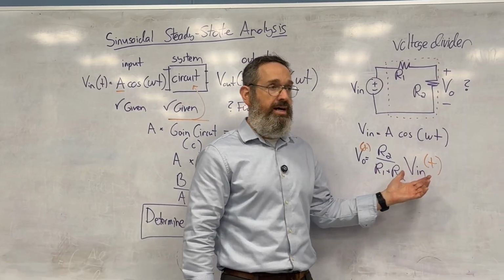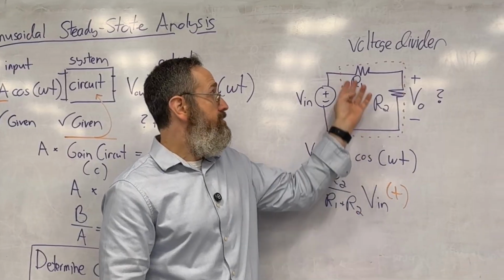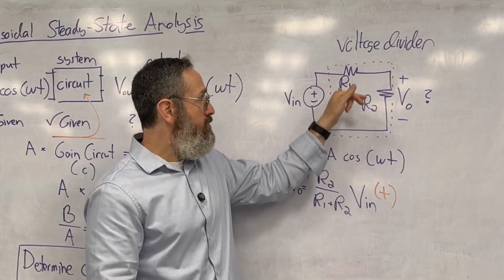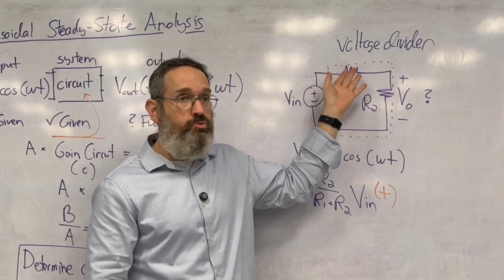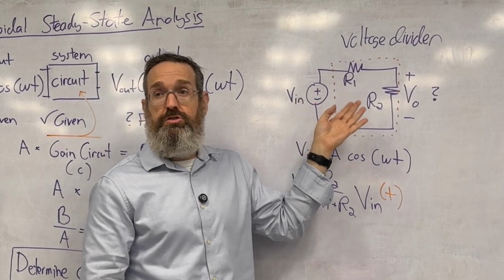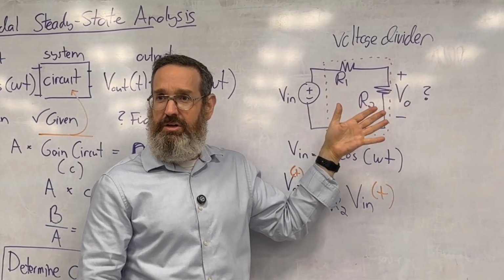What I talked about last time is the only thing that has to work is Ohm's law. As long as Ohm's law is working, and it is working here, you land here. It doesn't matter that it's a sinusoid. Ohm's law doesn't break for sinusoids. And we did this last time.